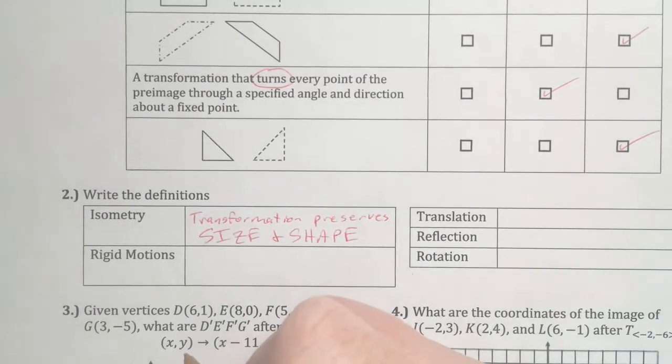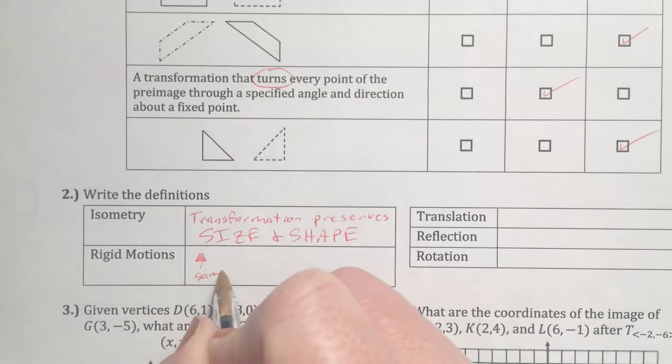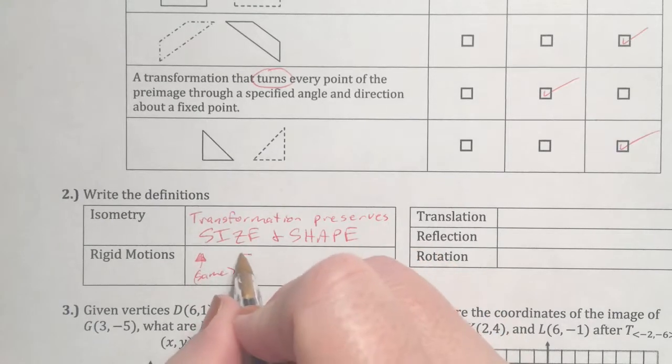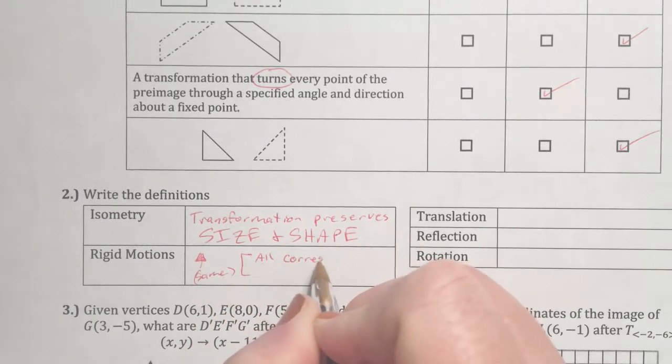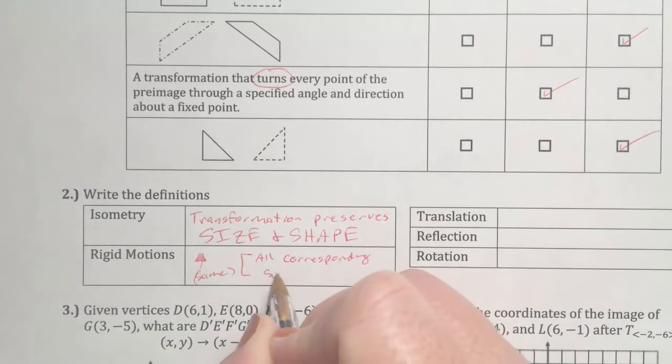Okay, and rigid motions is the exact same thing. So basically, all corresponding sides are congruent.